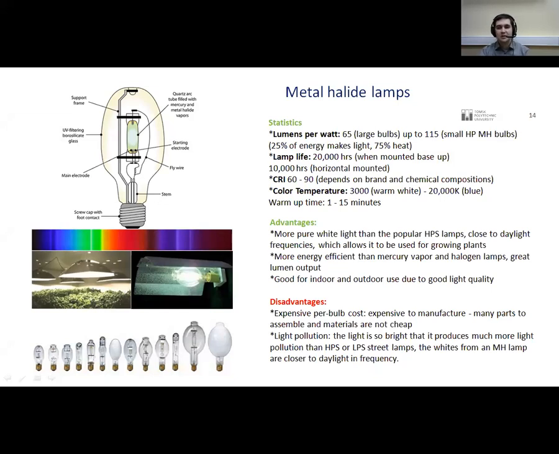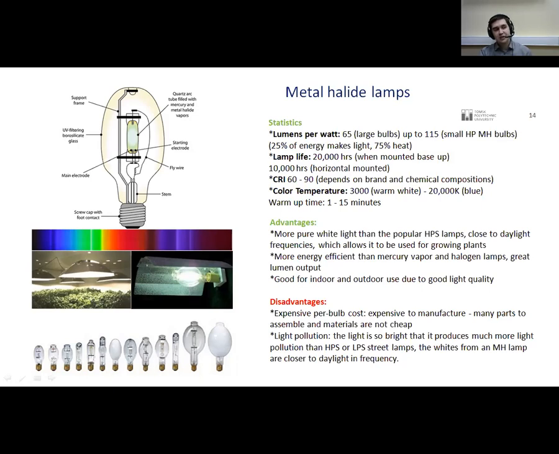Since the light emitted by the lamp is a mixture of the radiation from the individual metals present in the vapor mixture, changing the combination of metal halides allows the production of metal halide lamps with various emission spectra. It's really important because it allows us to practically change the color of the emission spectrum of this type of lamp.